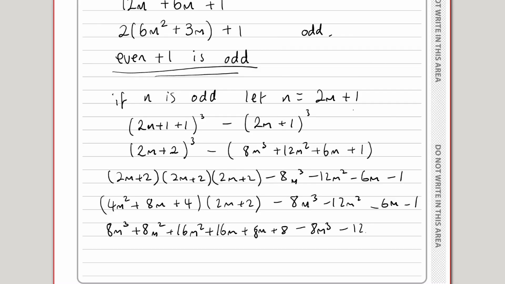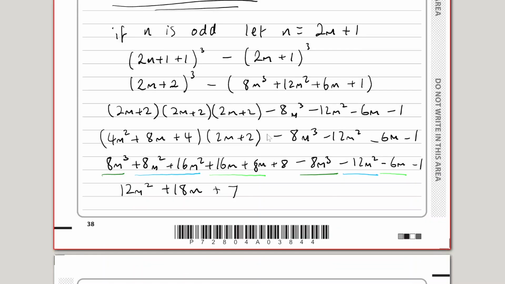And then we just need to collect the like terms. So I've got my 8m³, they cancel out. So I've got 24m² take away 12m², which is 12m². I've got 24m take away 6m, so 18m. And I've got 8 take away 1, which is 7. So again, this is odd.